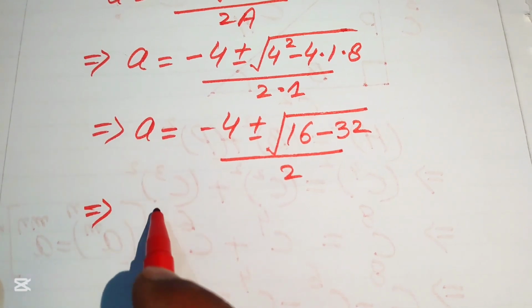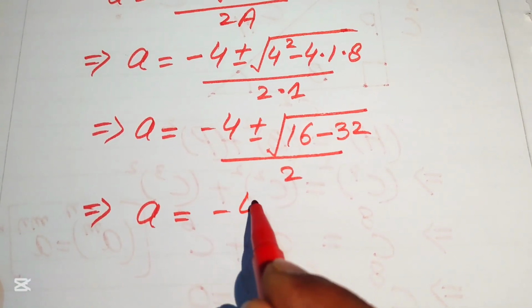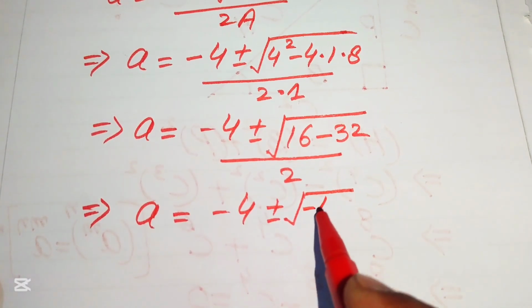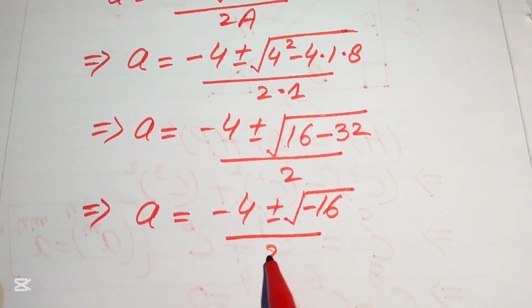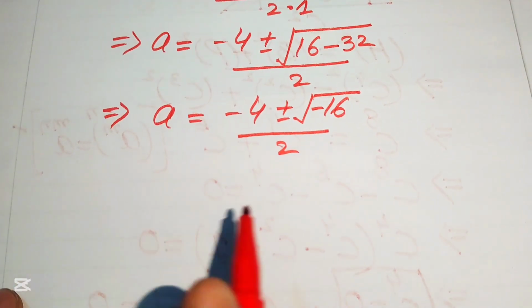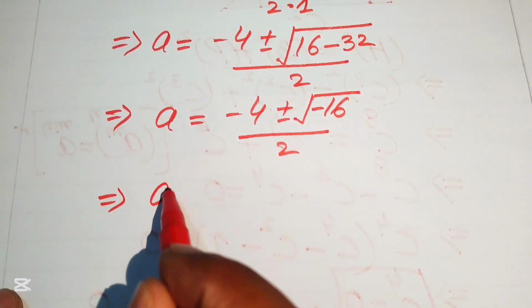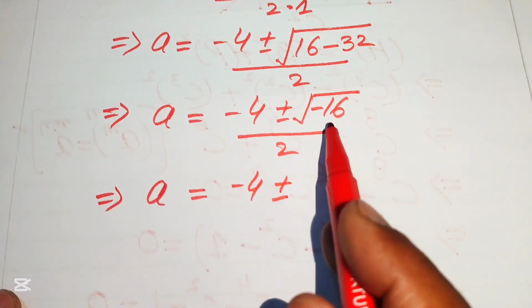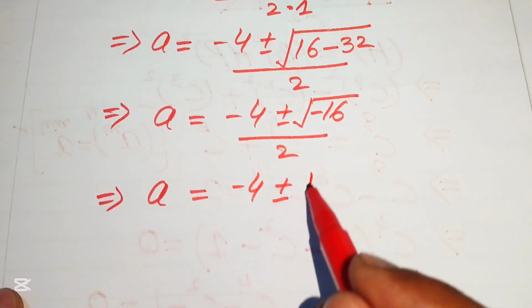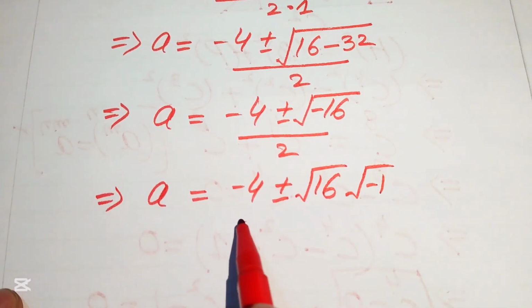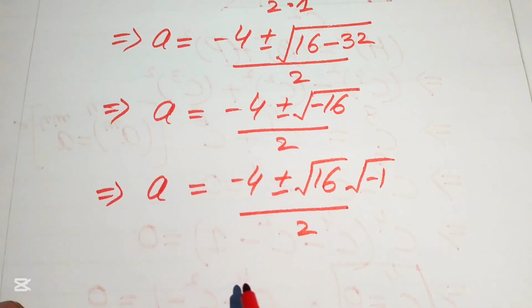So further in the next step we have a equals minus 4 plus minus square root of 16 minus 32 equals minus 16, and it is divided by 2. And now in the next step we have a equals minus 4 plus minus, here we again break this square root sign and we write square root of 16 and square root of minus 1, and it is divided by 2.